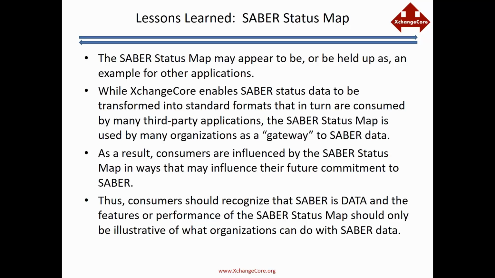So by looking at the SABER status map, in some ways, it positively influences people. In other ways, we create this image that, okay, well, gee, I couldn't do that, so I'm not going to do anything. So the point here is that we want to make sure the SABER status map is not influencing future commitments to SABER, because SABER is data. The features and performance of the status map are just illustrative. Anybody can do it, but they have to do it.